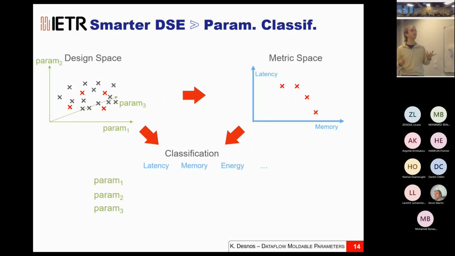The classification that we want to have is something like this. If we increase the value of this parameter, does it strictly result in an increase in the latency, or maybe a strict decrease in the memory footprint? Or something random: when we increase the value of this parameter, the result on the energy is random.